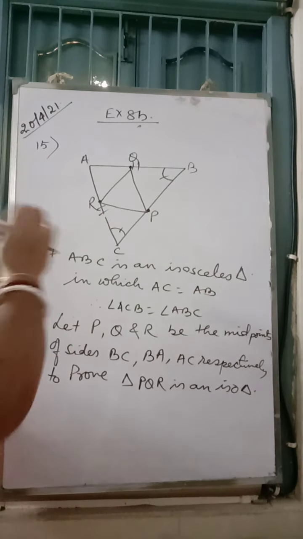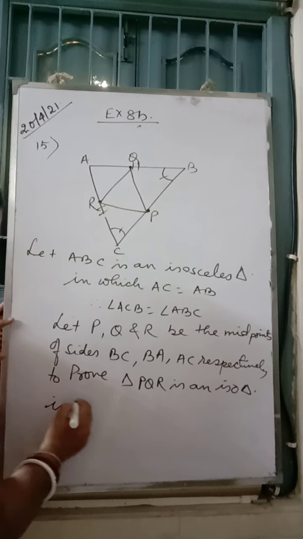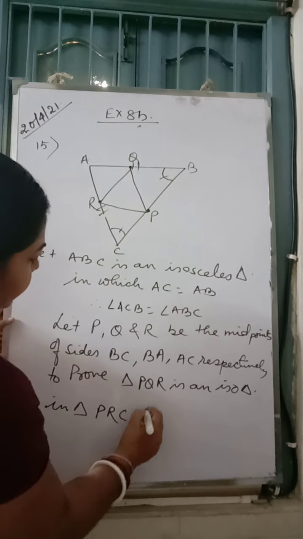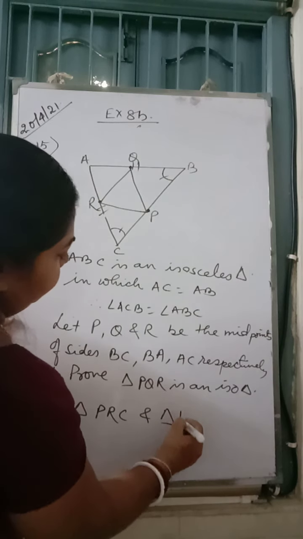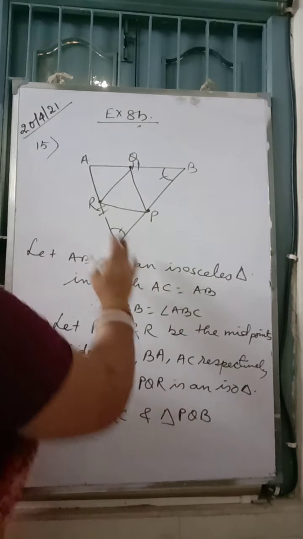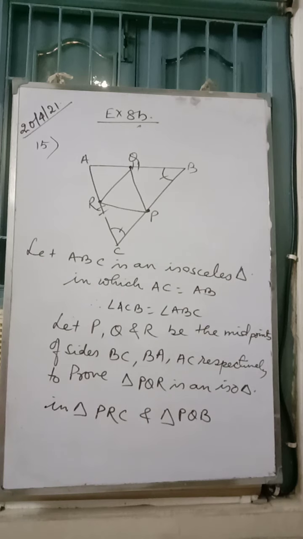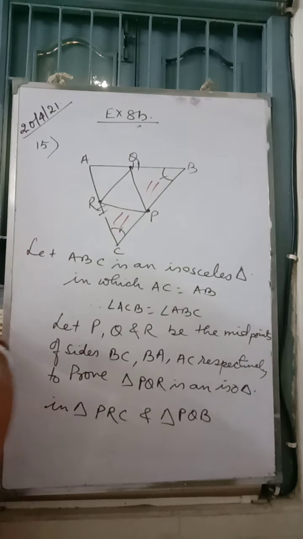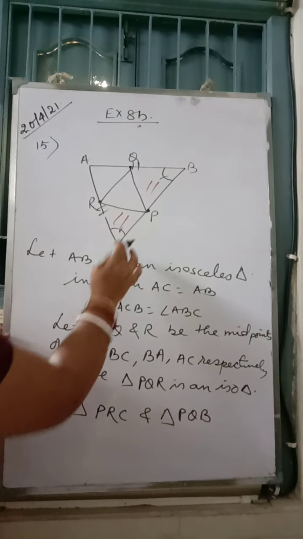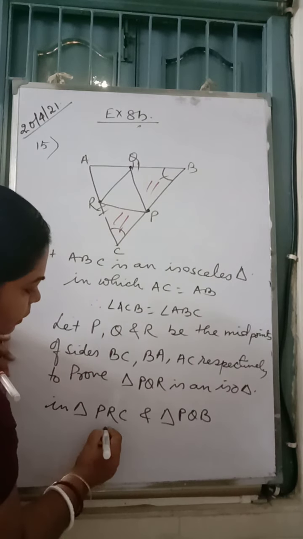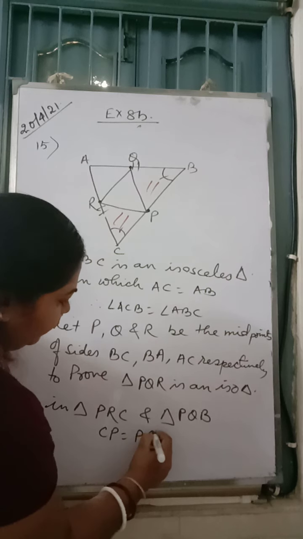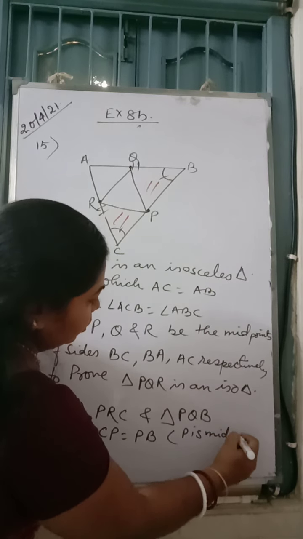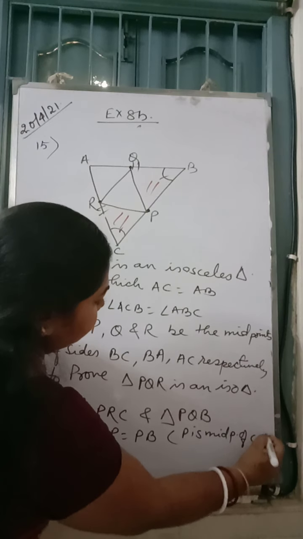Now we take triangle PRC and triangle PQB. I am talking about these two triangles which are marked with red, this and this. Now first of all, may I write CP is equal to PB? Why? P is the midpoint of CB.